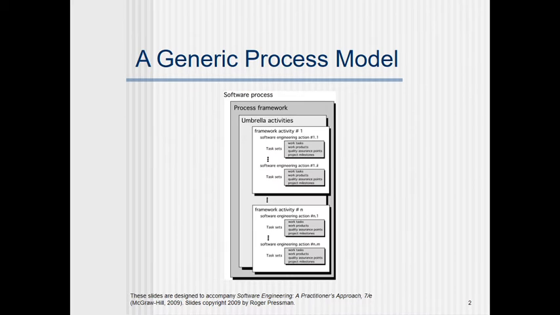So we start with the process model. First, we need to understand what a process model is. To build any software product, we have to go through a series of steps.